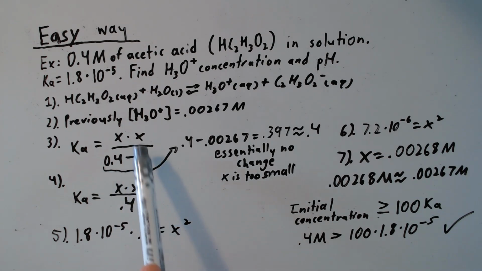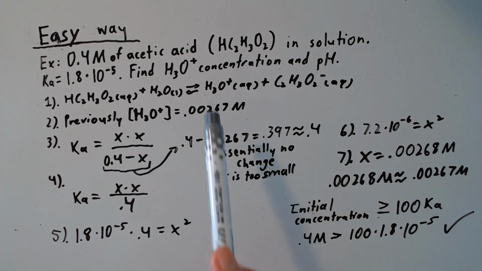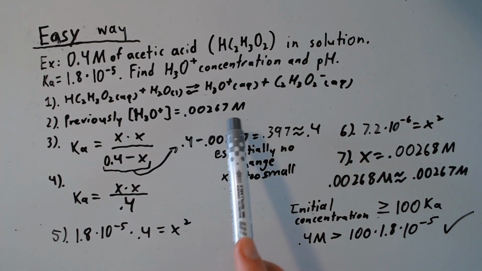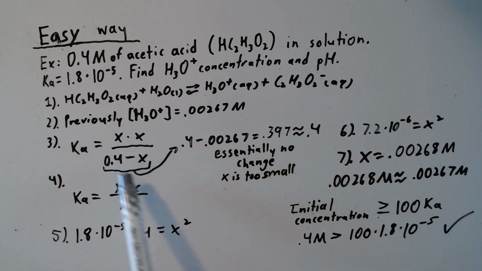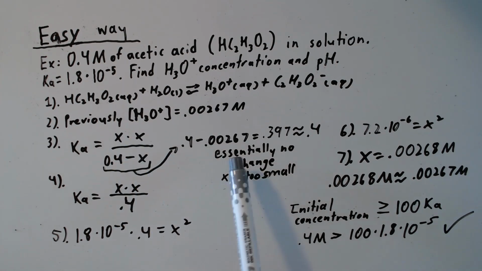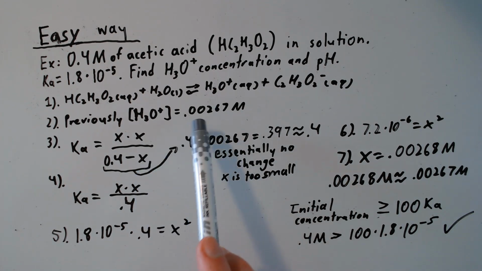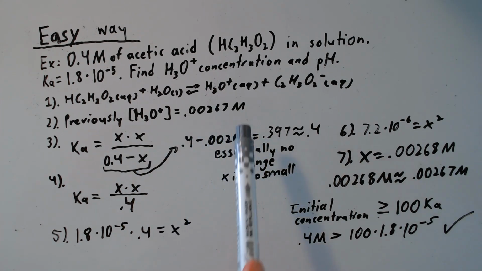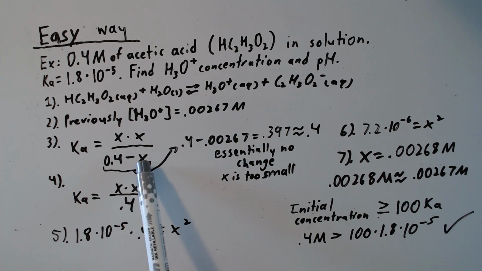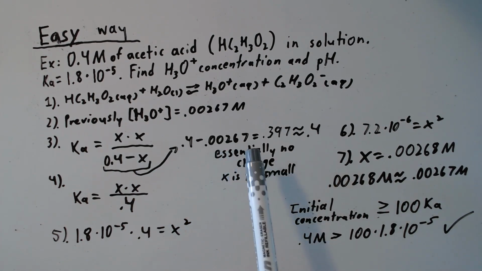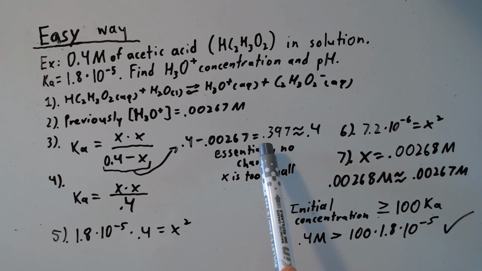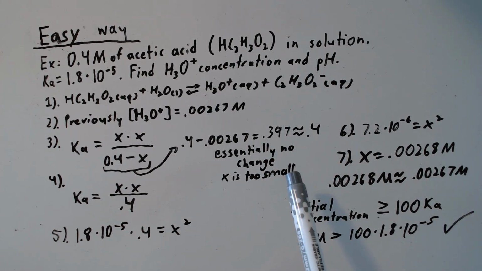So this minus x is equal to the x on top. So if 0.00267 molar formed on top, 0.00267 molar was taken away on the bottom. So if we were to plug in 0.00267 molar for this x on the bottom, we would get 0.4 minus 0.00267 molar. And this would give us 0.397 molar.